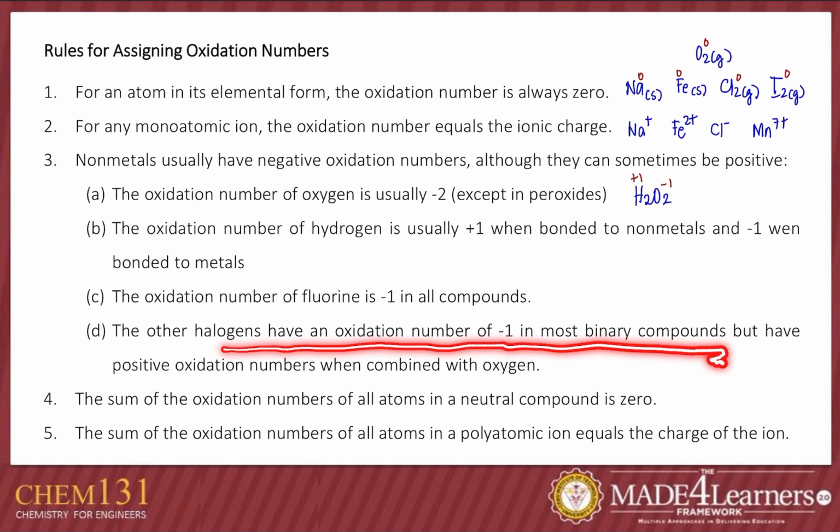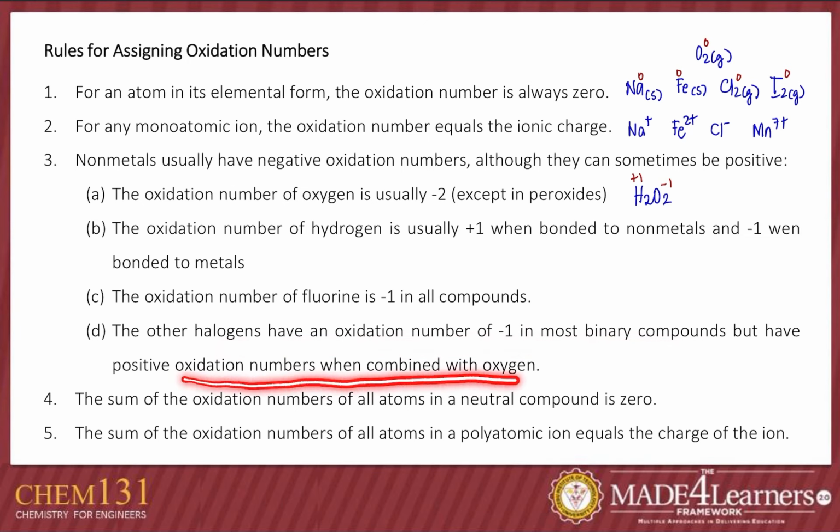It's a compound containing 2 elements only. Sodium chloride is a binary compound, no? Carbon dioxide is a binary compound. So, kadong mga halogens, kadong second to the last column, usually, they have an oxidation number of negative 1 in most binary compounds, but they have positive oxidation numbers when combined with oxygen.